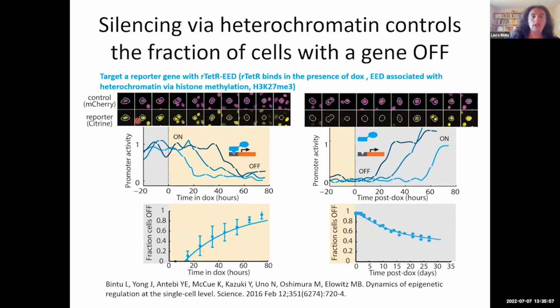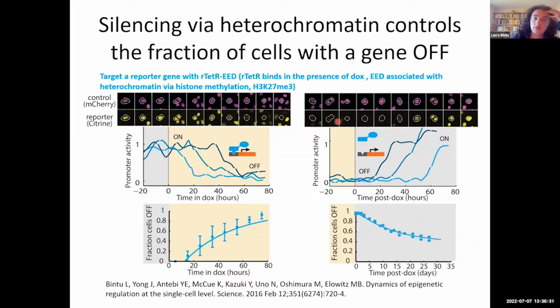What we see when we follow individual cells by microscopy is that cells start on, this is the citrine color, and this is just the control that's supposed to stay on. The individual cells flip from on to completely off, but they do so in a population at different times. This is one cell lineage, and this is an identical sister cell, but it does it at a different time. So in effect, recruitment of this chromatin regulator controls the fraction of cells that are off as a function of time.